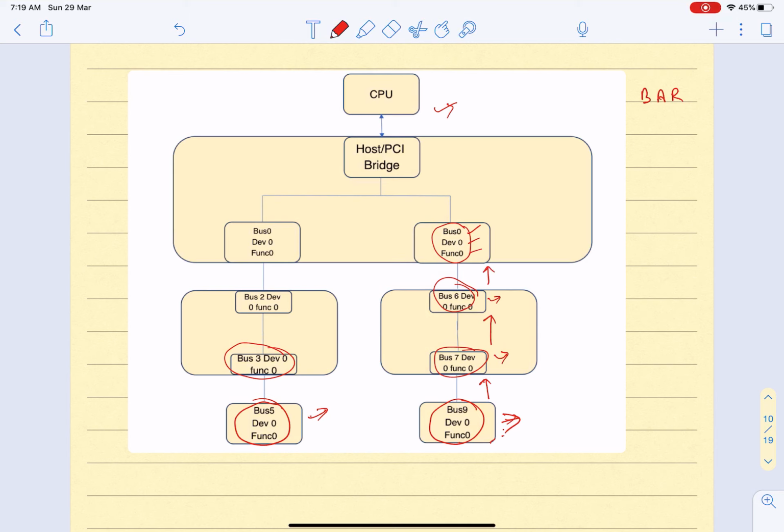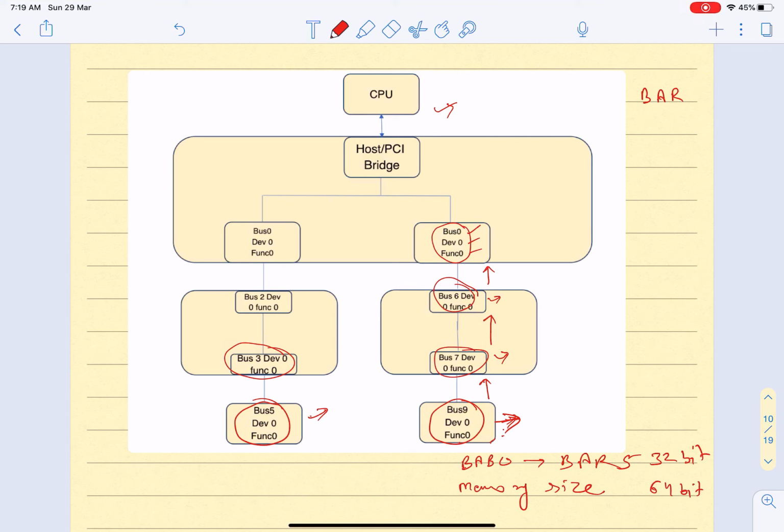So what it will do is, first the host will configure the BAR of PCI device, BAR 0 to BAR 5, depending upon the memory available, memory size, and whether it lies in 32-bit or 64-bit.